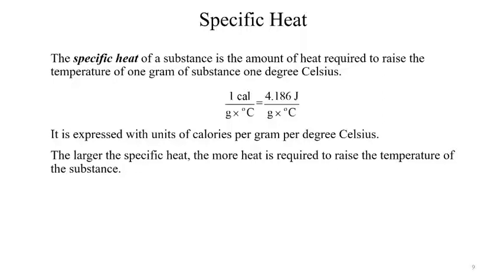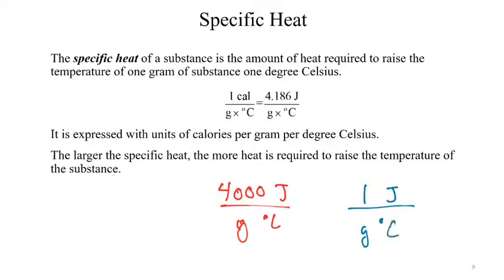Okay? So if we think about some examples real quickly, let's pick something of 4,000 joules per gram degree Celsius versus something that is, let's just do 1 joule per gram degree Celsius.